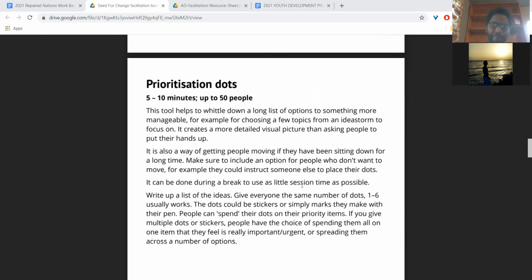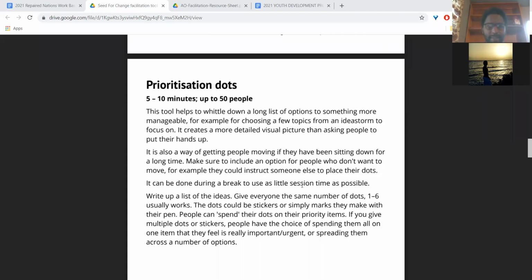This prioritization dots one is very interesting. It's often used with sticky notes as well, or at least that's how we used it at the Law Center. So if you can imagine being given a prompt, maybe the prompt is like, what should we be focusing on in the next 12 months?